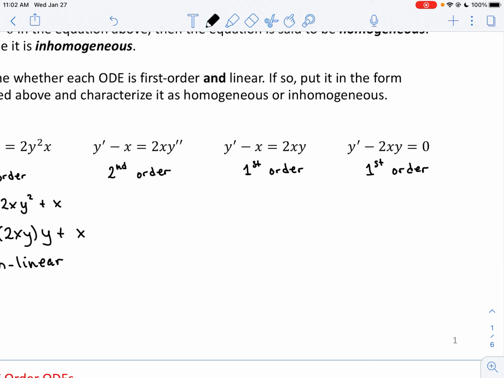Third one, I'm going to solve for the y prime. y prime is equal to, we have 2xy and then add the x over. This one does fit the form of a linear equation. We have the a of x is just 2x times the y there, and then plus an f of x, and the f of x is x. So this one is linear.